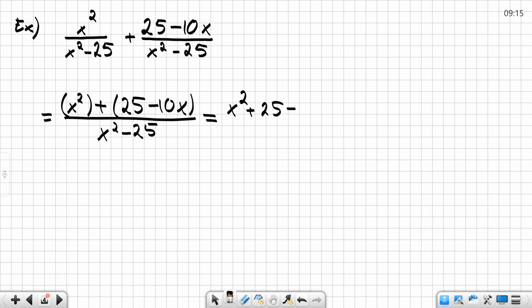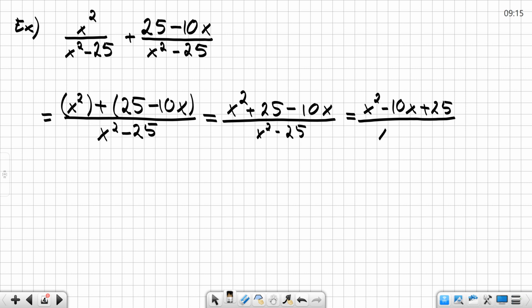First, I'm just going to write it as we see it, divided by x squared minus 25. And now I'm looking at the numerator. There are no like terms, but I can rearrange the terms and write it in standard form.